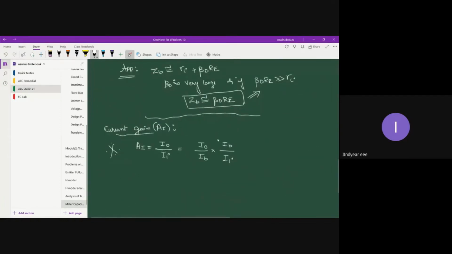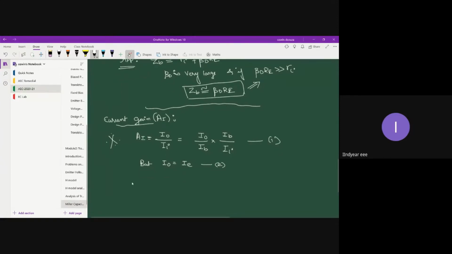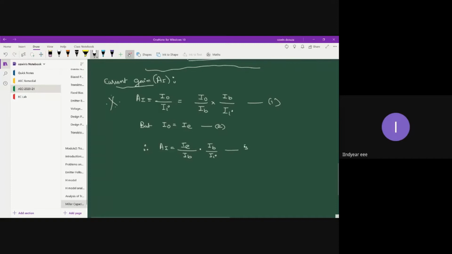Now we know that I naught is equal to IE. Let's say this is equation 2, and let's say the earlier one is equation 1. So therefore, we can write current gain AI as I naught, which is IE by IB, into IB by II, and we shall take this as equation 3.